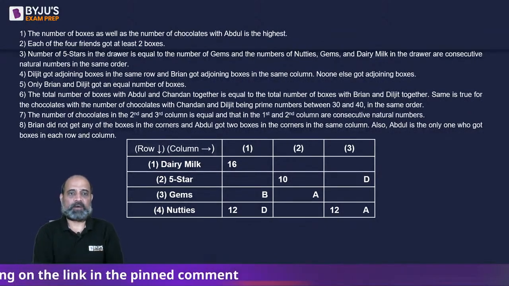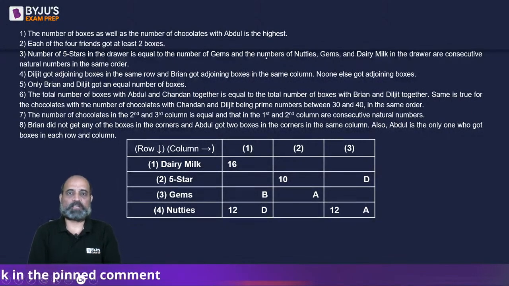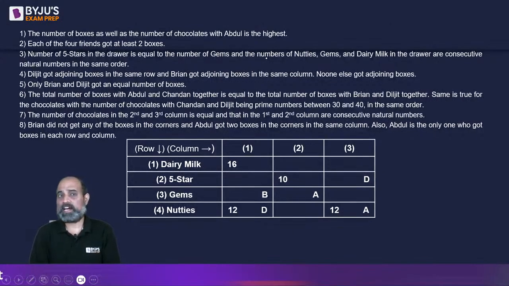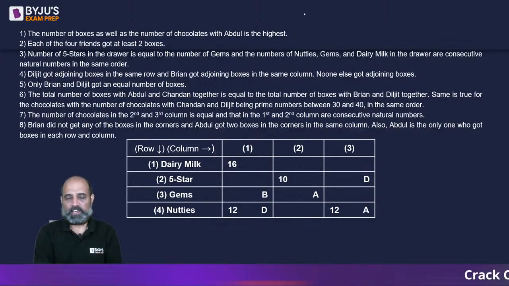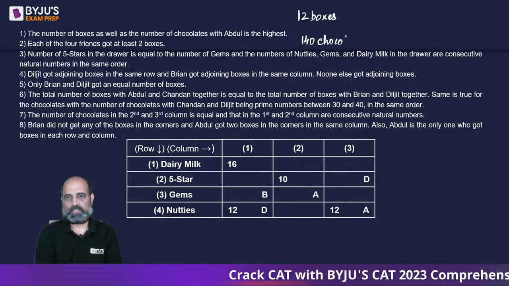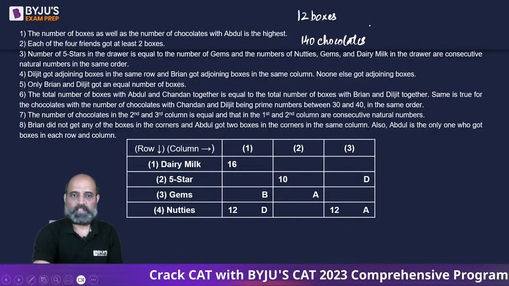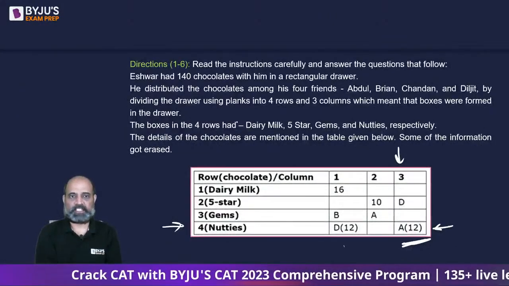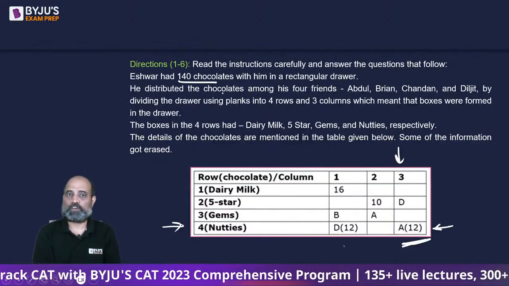Okay, the number of boxes as well as the number of chocolates with Abdul is the highest. So Abdul has got the highest number of boxes as well as highest number of chocolates. Okay, so please do remember we have 12 boxes and we have a total of 140 chocolates. In case you forgot, in the very first statement it is given that 140 chocolates.